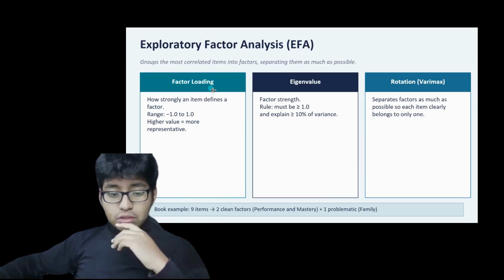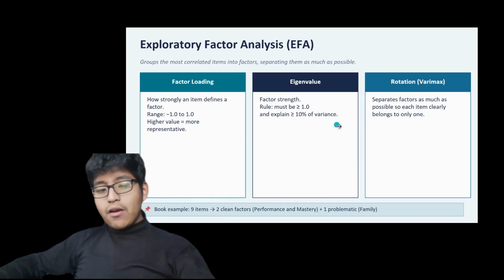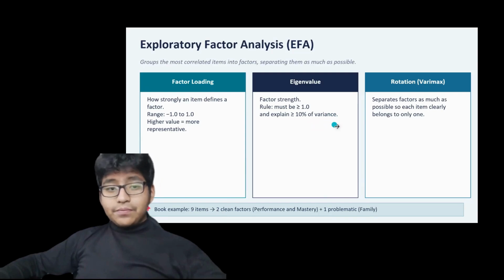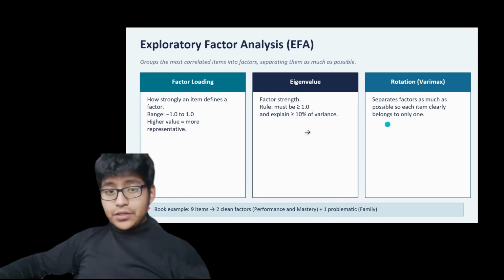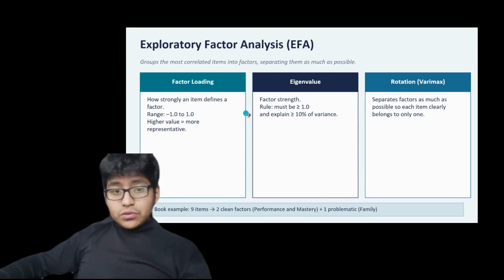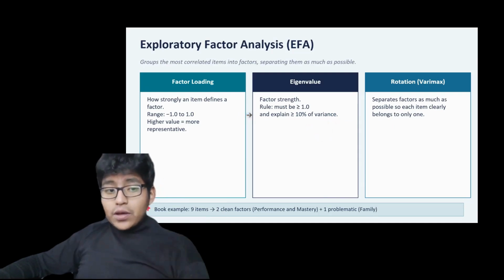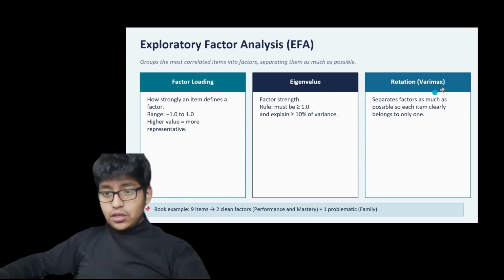This shows how strongly a question belongs to a factor. A high number means the question represents the group well. You also have the eigenvalue. This number shows how important a factor is.